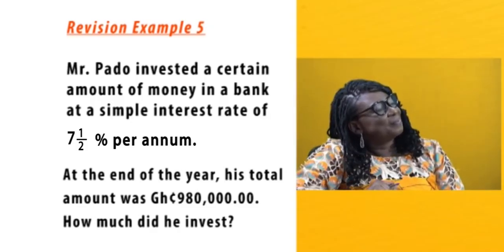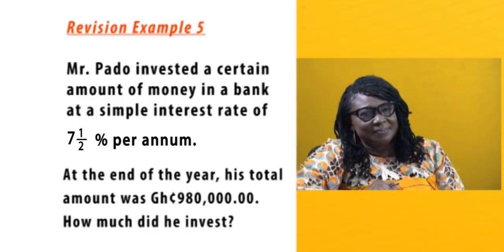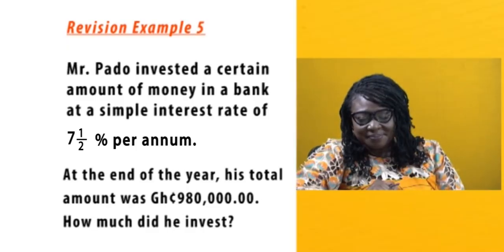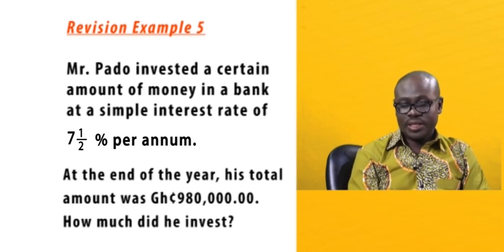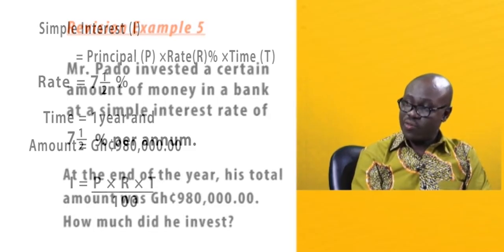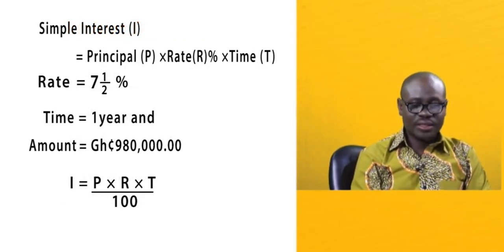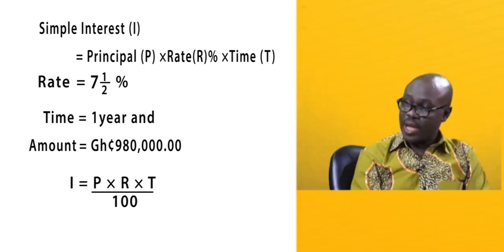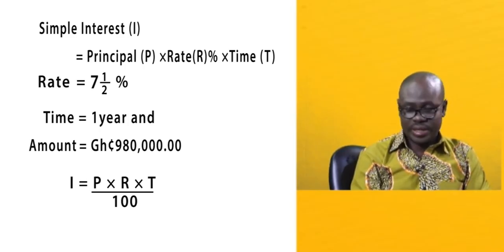Once again, we are going back to the question and looking out for the vital information that has been provided. The rate given in the question is 7.5%, the time is 1 year, and the amount is 980,000 Ghana cedis. We have already indicated that interest is given by principal times rate times time, all divided by 100.